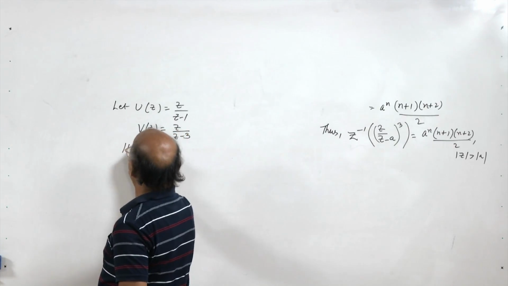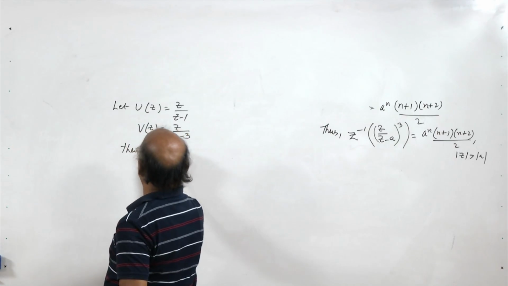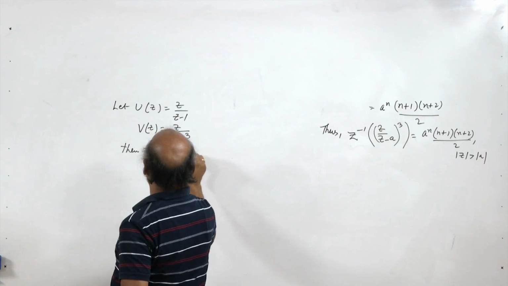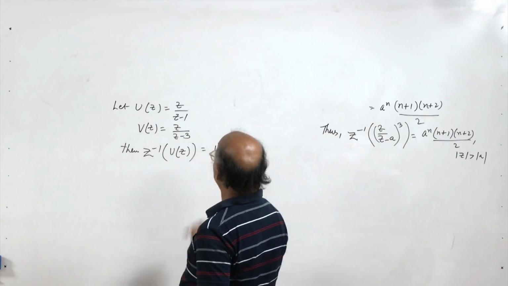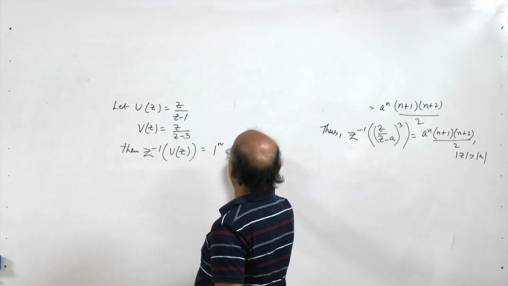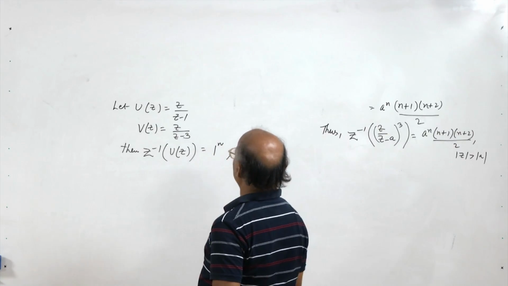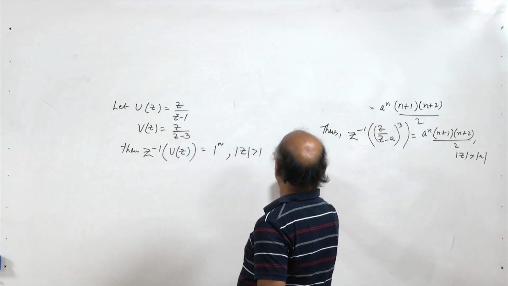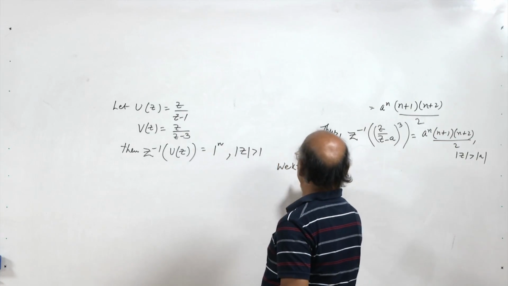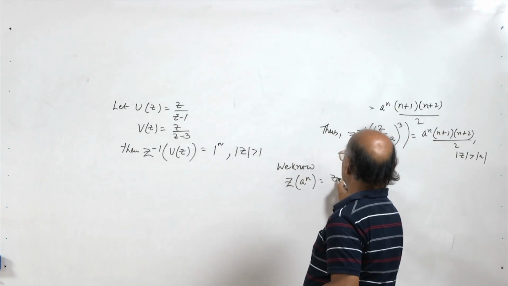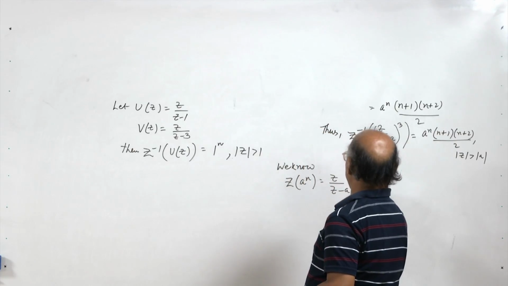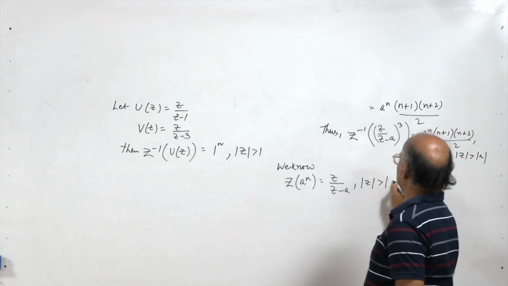Then we know that the inverse Z transform of U(z) is equal to 1^n provided mod of z is greater than 1, because we know that the Z transform of a^n is z over z minus a provided mod of z is greater than mod of a.